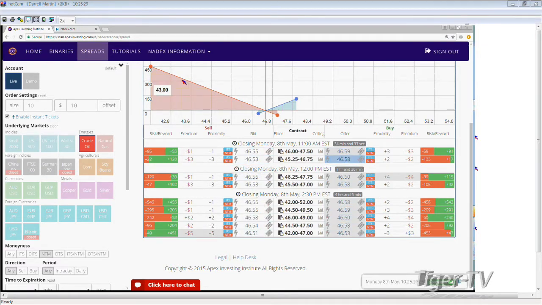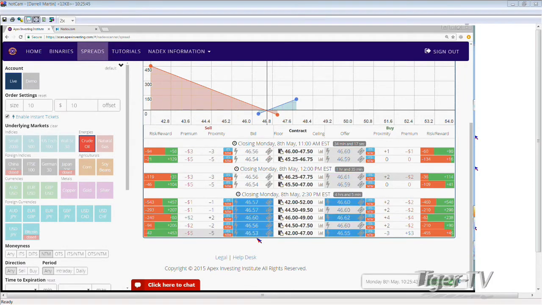My real position is I think the market's going short. My risk is the difference between where I buy this one and sell this one, 46.62 and 46.53, about 9 ticks. So that's $9.